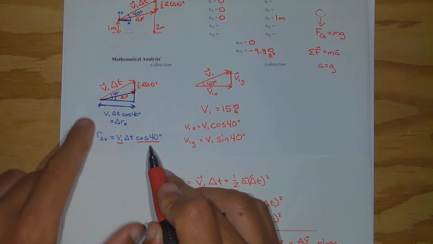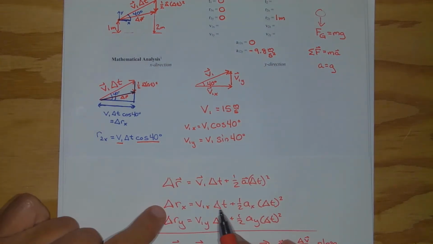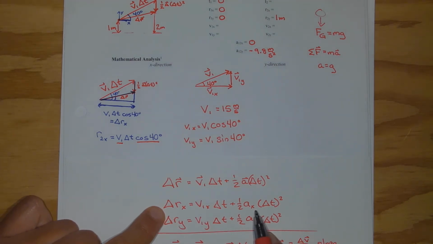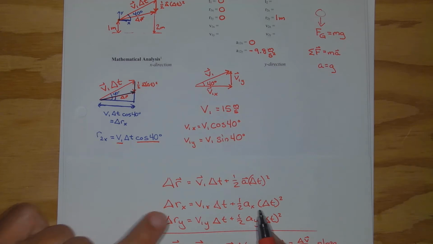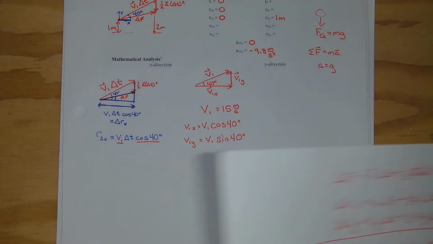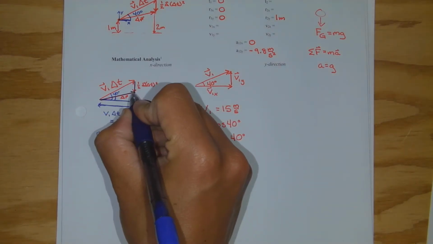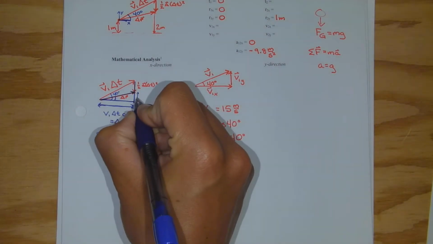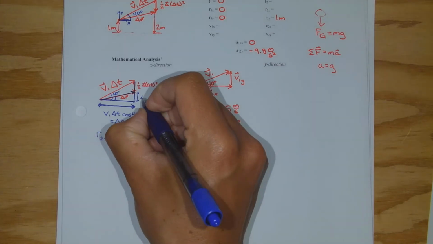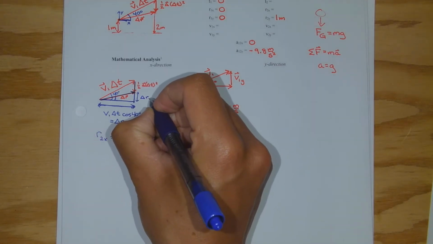So this, which we got from our triangle, is the same as the equation we have for the x component of the position kinematic equation. Now we're going to take this same vector diagram and look in the vertical direction. If I take this smaller right triangle, this side of the right triangle would be delta ry.